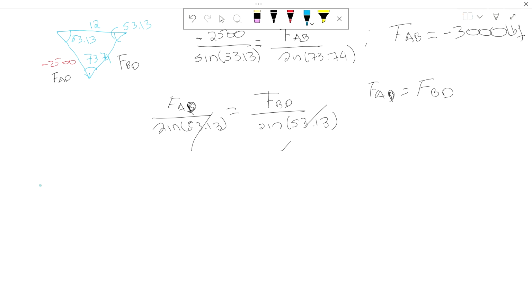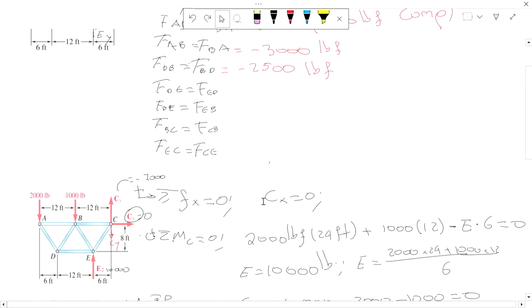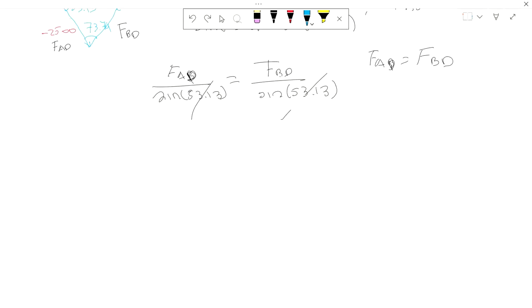So, point D. So that would be triangle DBE. Triangle DBE, remember, started from D. It went to E. No, sorry, it went to B. We'll check here in a minute.